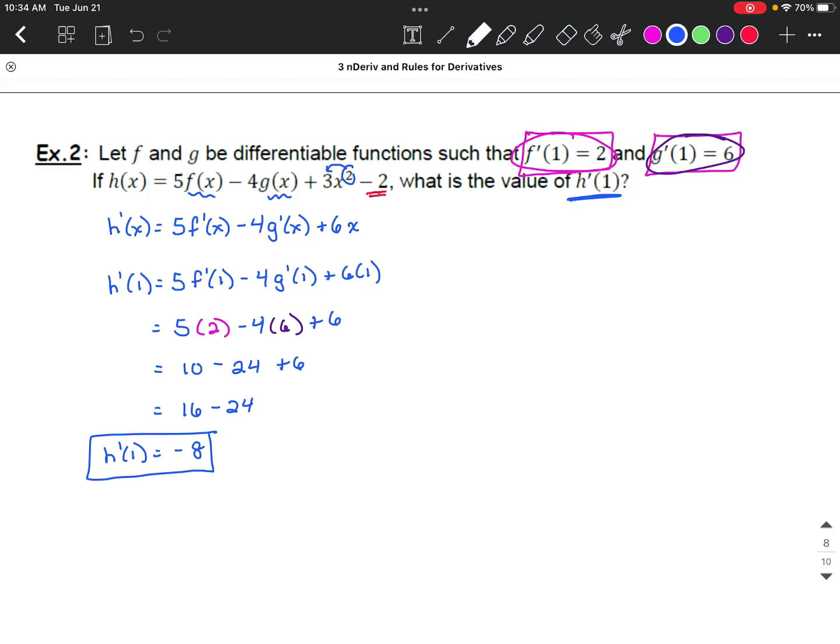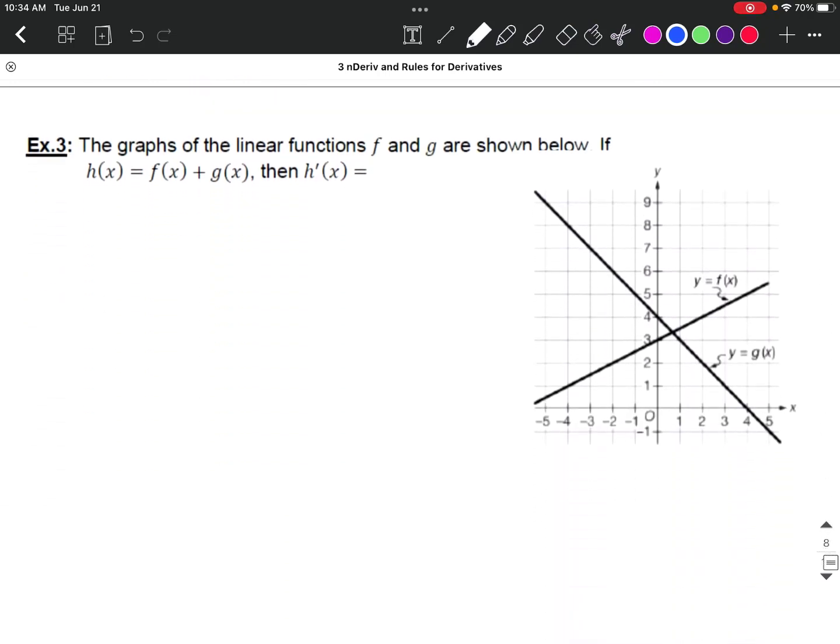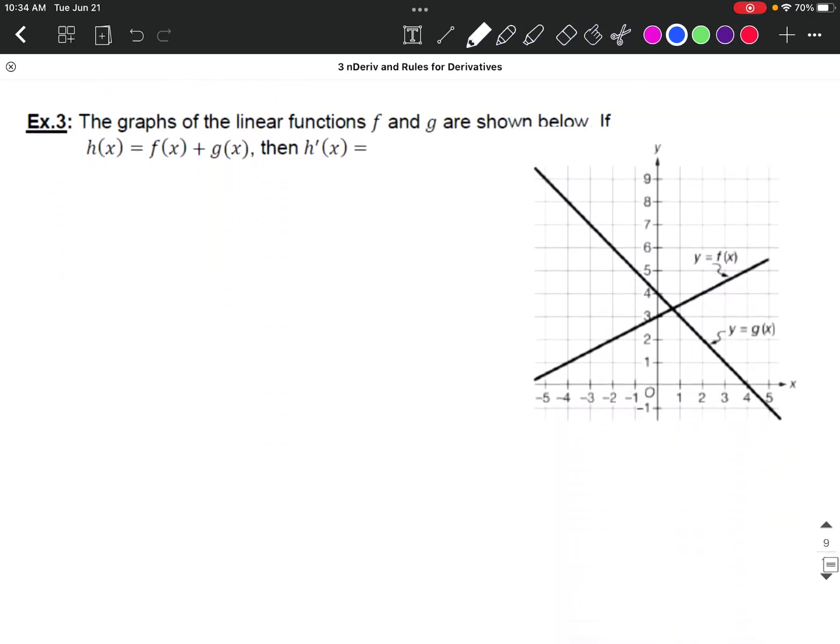Nice. Okay, so you like those symbolic ones, right? If you like that, you're going to like the next one. Now the graphs of the linear functions f and g are shown. They're linear functions, which means they have the same slope everywhere. So if h of x is f of x plus g of x, when we want to find h prime of x, we take the derivative, that's f prime of x plus g prime of x.